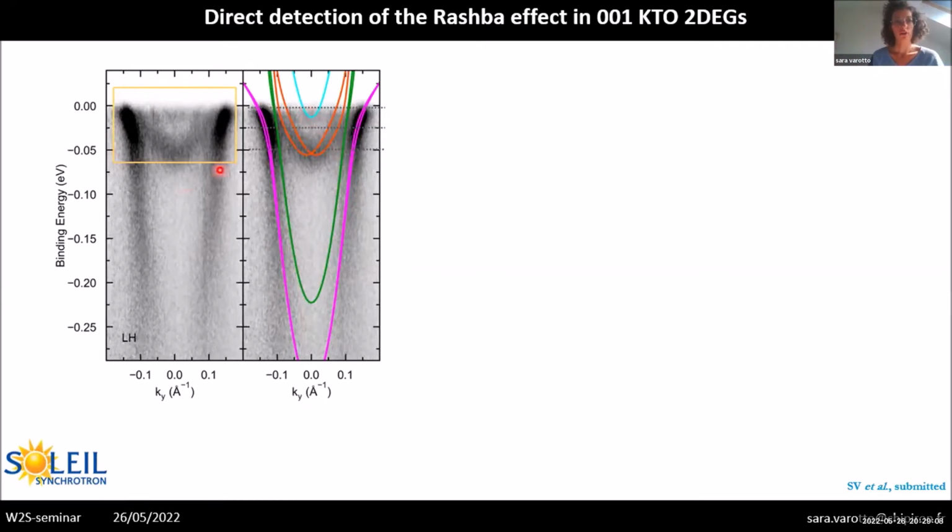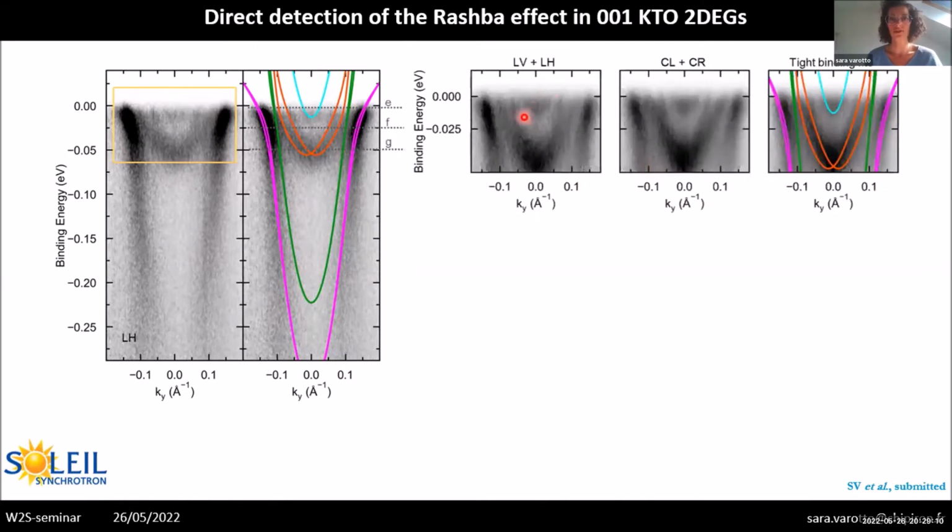And if we now focus on this inset, in this zoom, we can look really at the details of the band structure. And as you can see here, in both these panels, I reported the complete band structure measured with the maximum signal combining different polarizations. We have the formation of two branches here and here, here and here, that are fitted quite nicely by means of this orange band pair that has a Rashba split shape.